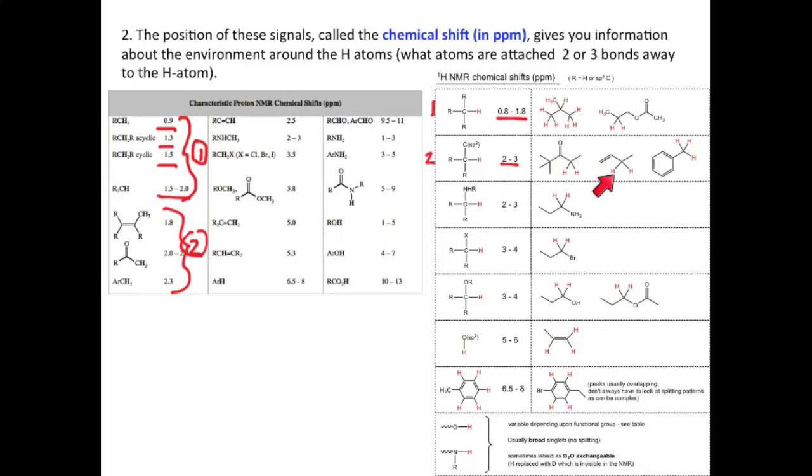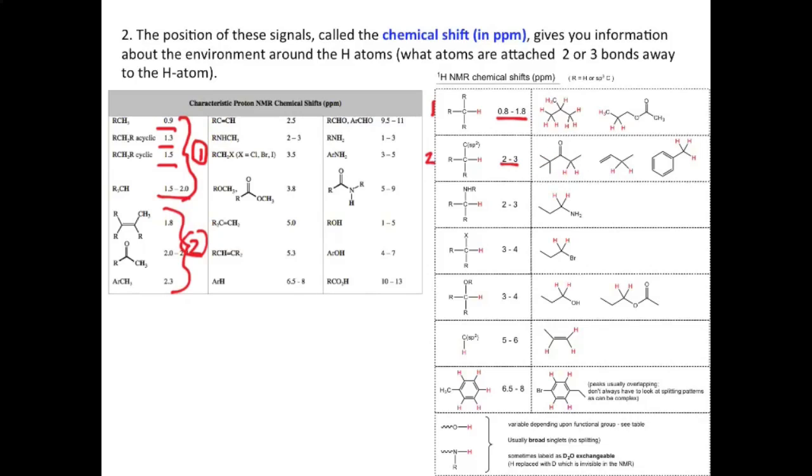We see the same example here with our alkene, H to sp3 to sp2, or toluene, H connected to sp3 to sp2. What you have to notice for these values is that I'm looking at the hydrogen connected to an sp3, and then what is that sp3 carbon attached to? Just other sp3 carbons or H's, 0.8 to 1.8. If it's H to sp3 to sp2 carbon, that's now 2 to 3. And you can see these examples here.